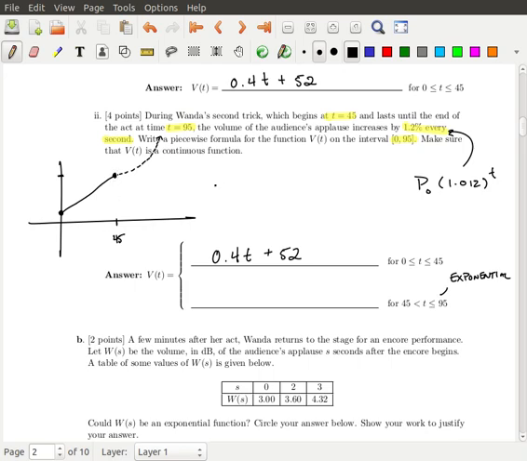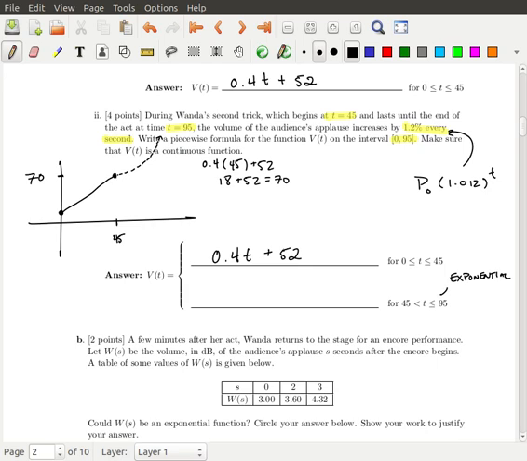We can get that by just plugging in 45 to this equation. So we'll do 0.4 times 45 plus 52. Now I have to grab my calculator. So that's 18 plus 52 is 70. And so here we're at a height of 70.